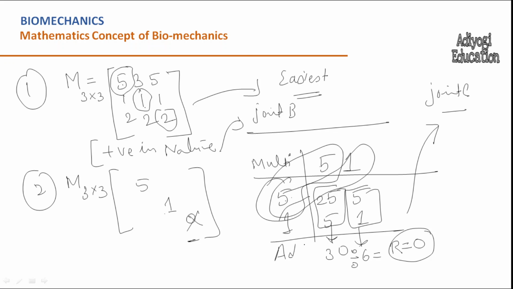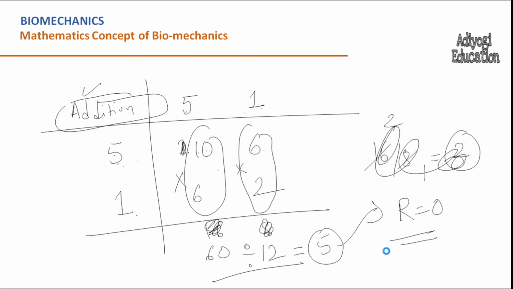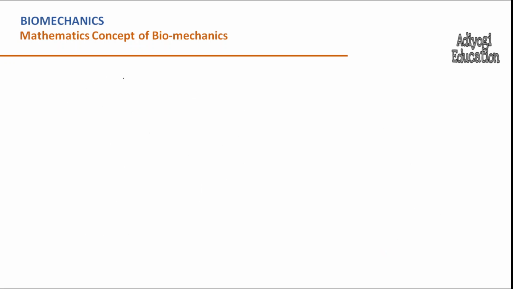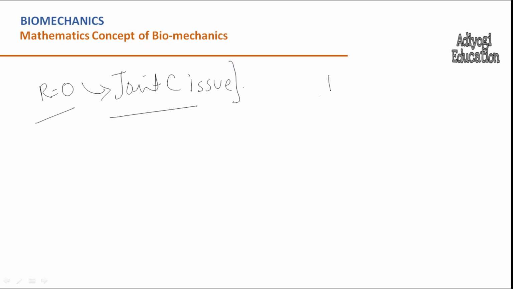Here it is the add operator. This way we have confirmed that in both cases we obtained remainder equal to 0. It indicates it is definitely a joint C issue. I hope the joint C issue is now confirmed.